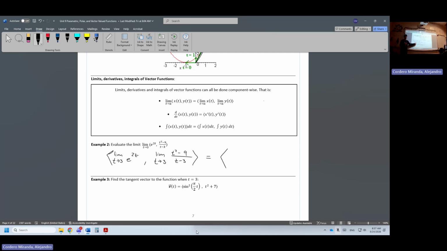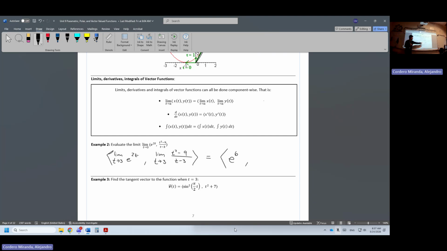So the limit of this first one, I hope you guys remember that your first go-to way to take limits every time is just to plug the number in, and if you don't divide by 0 or break some sort of math rule, then you're good. That's your answer, which is what will happen here. e to the 6 is not breaking any math rules. So there's your limit for that one.